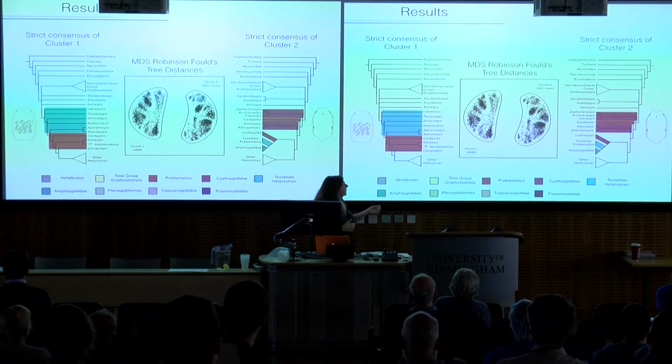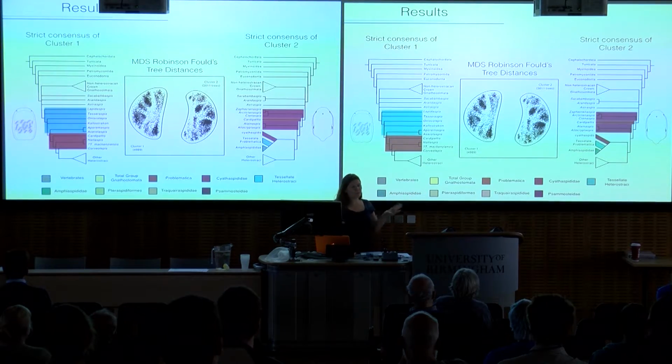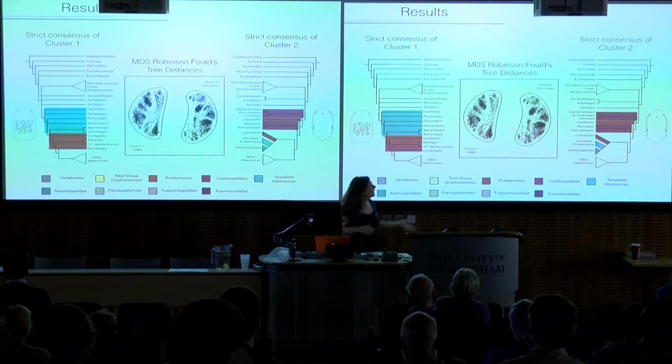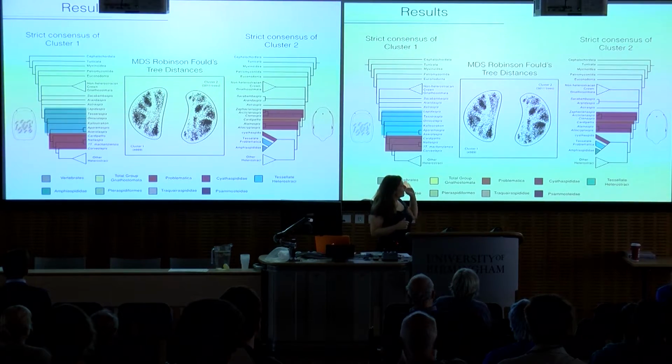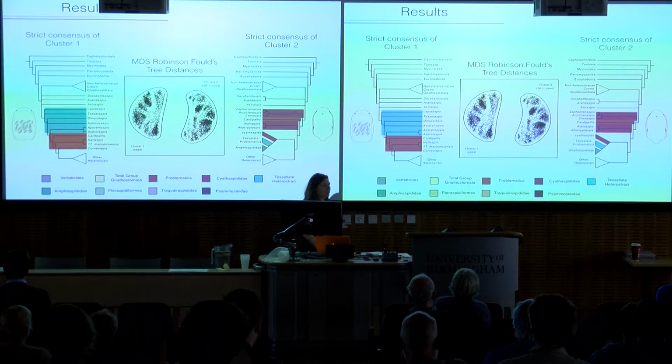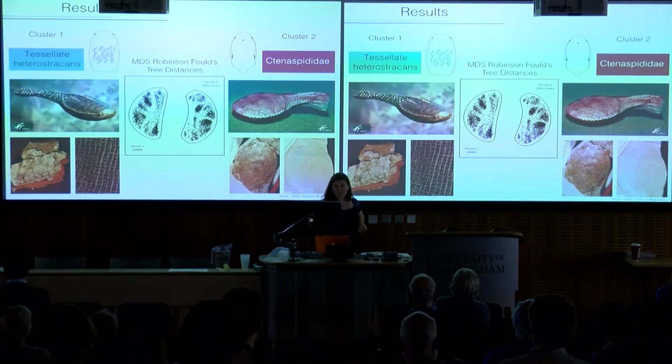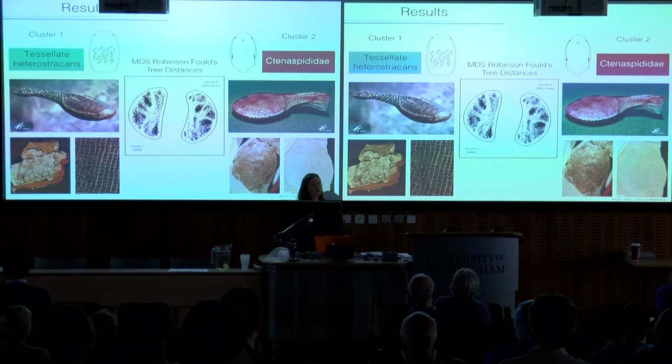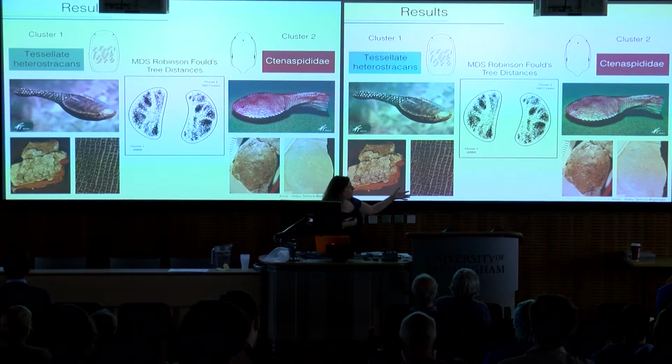In the other cluster, and all these results are equally most parsimonious trees, we have the cyathaspids, or the large plated forms, in this position as the sister group to all other heterostracans. And this has great implications for the plesiomorphic condition of heterostracans. So were they tessellate, or were they multiplated, and perhaps vertebrates as a whole.